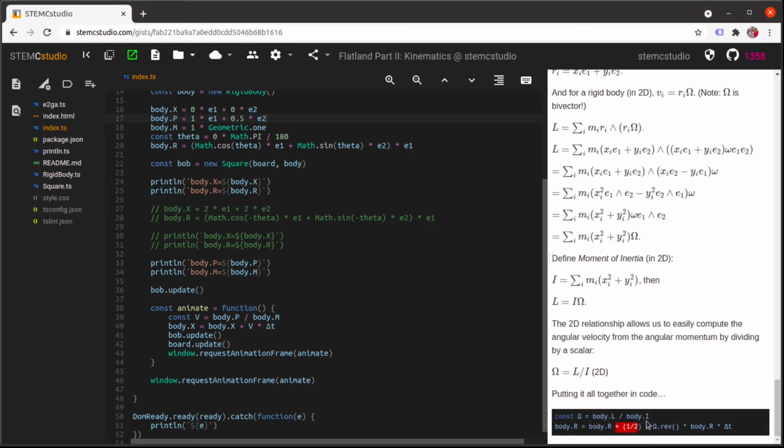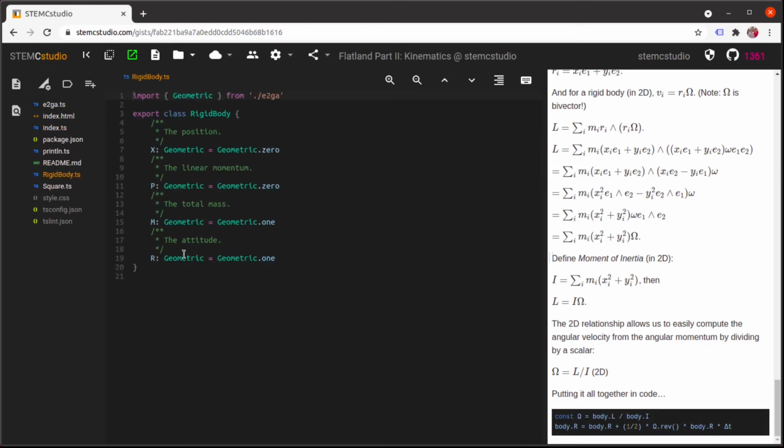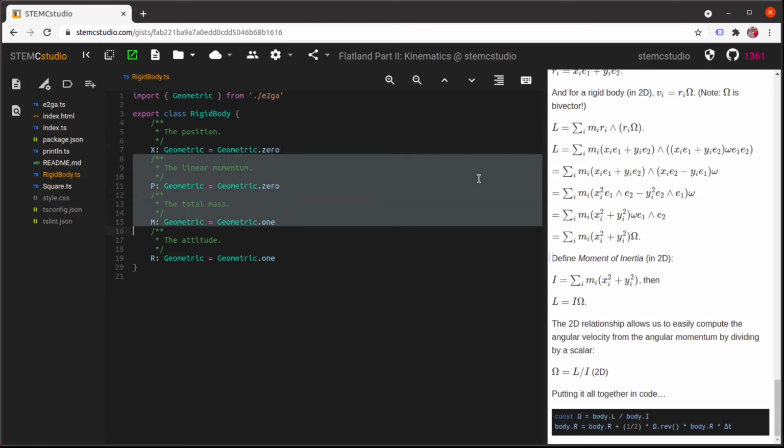We also need to add to the body the moment of inertia property, and then we'll do a division to get the angular velocity. Okay, let's do that. And then this update has to happen in the animation loop. All right, so let's go back to our rigid body.